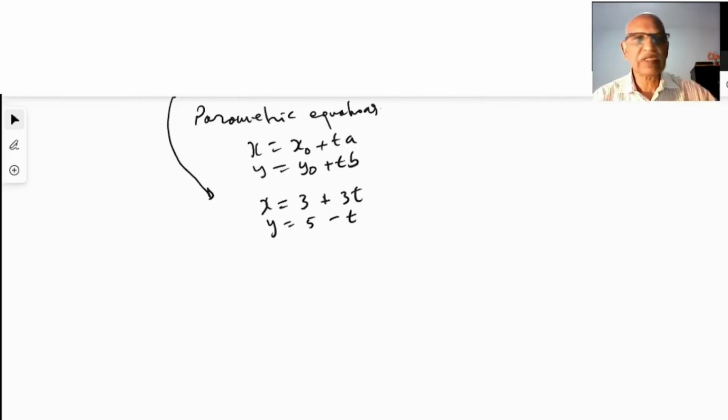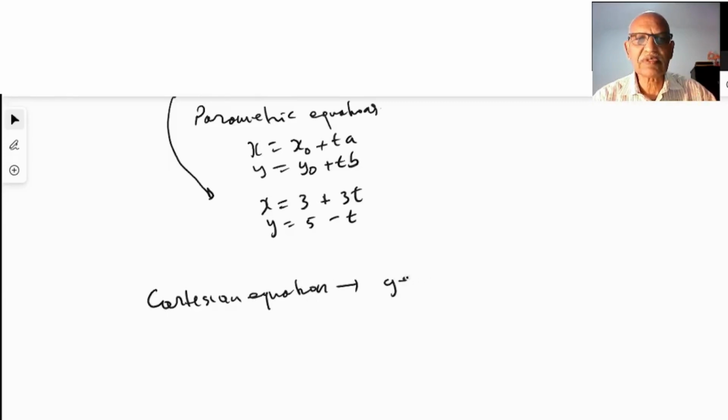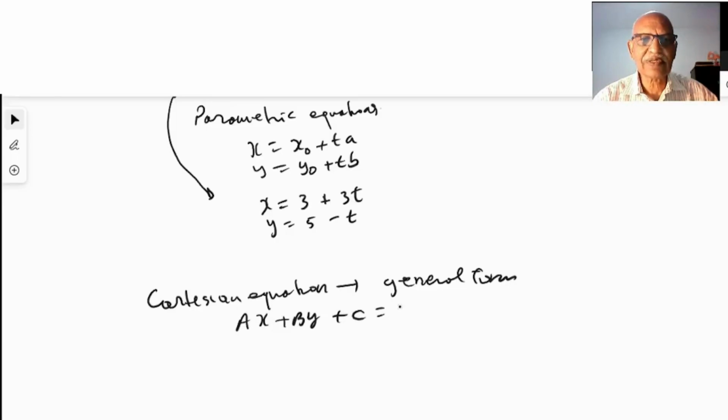The Cartesian equation is always the same. We know it from the previous years. The Cartesian equation of a line is the same as the standard or general form: ax plus by plus c equal to 0.